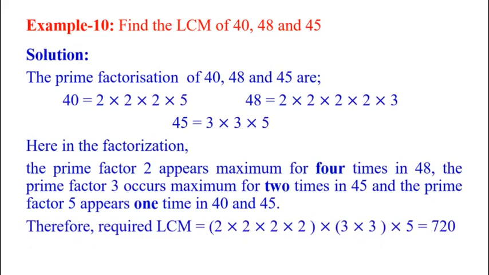Therefore, the required LCM is equal to 2 into 2 into 2 into 2 into 3 into 3 into 5, that is equal to 720. So the LCM of 40, 48 and 45 is 720.